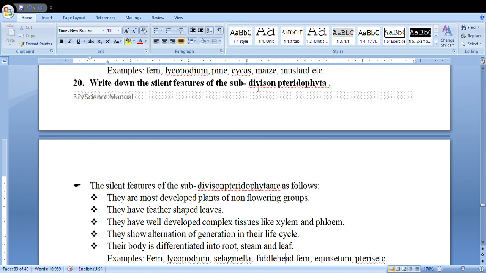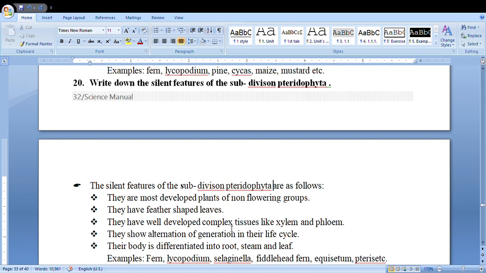Now, salient features of subdivision Pteridophyta. Pteridophyta have the following salient features. They are the most developed plants of non-flowering groups. They have feather-like leaves.